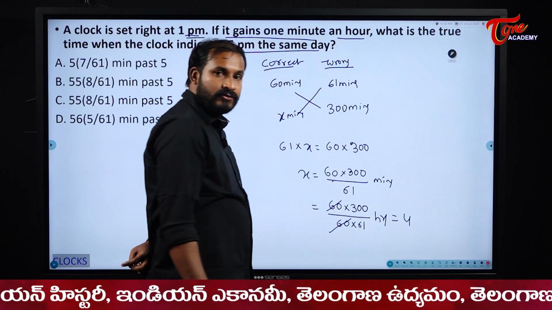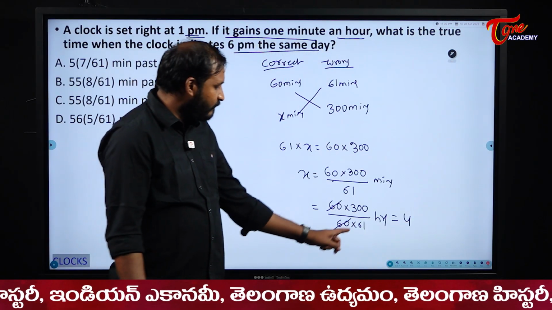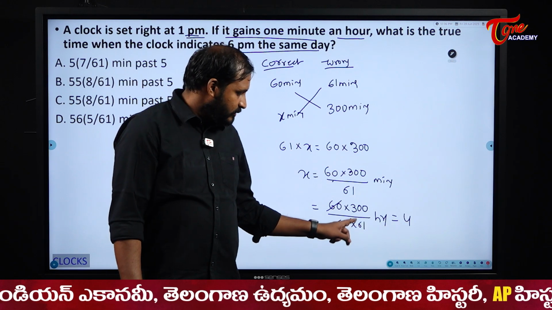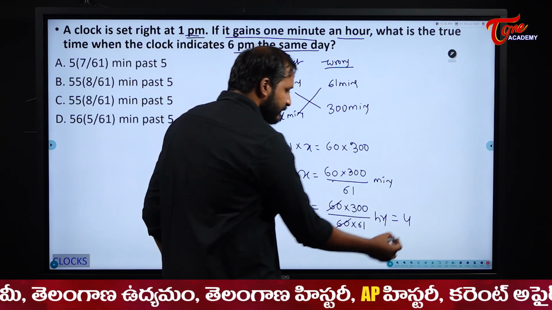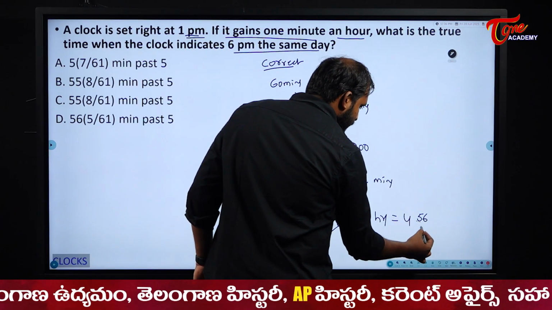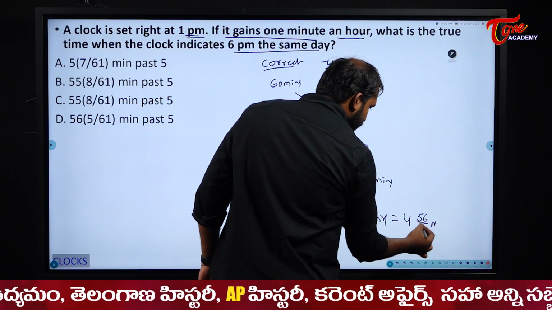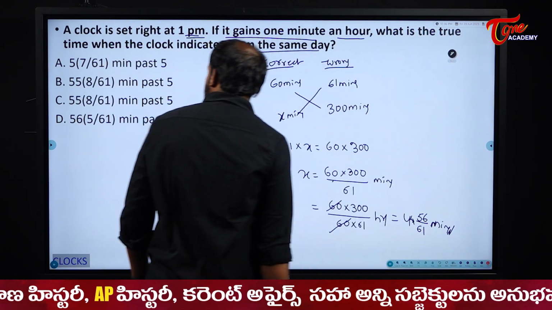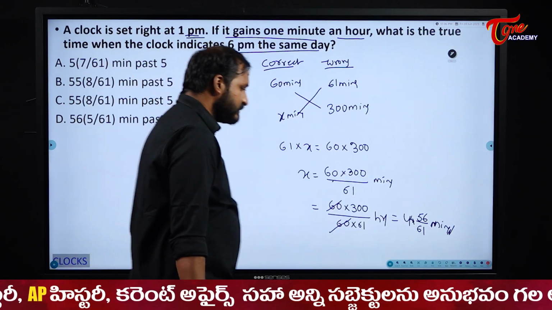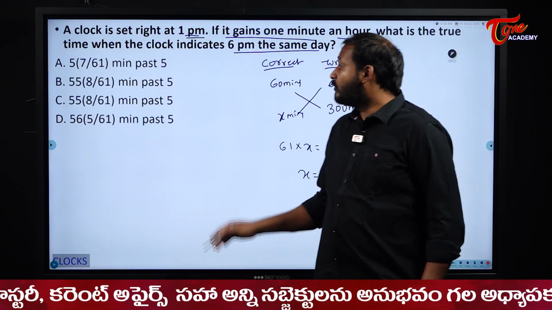300 by 61 hours means what? 4 times 61 is 244. I will be left with 56. So four hours 56 by 61 hours.